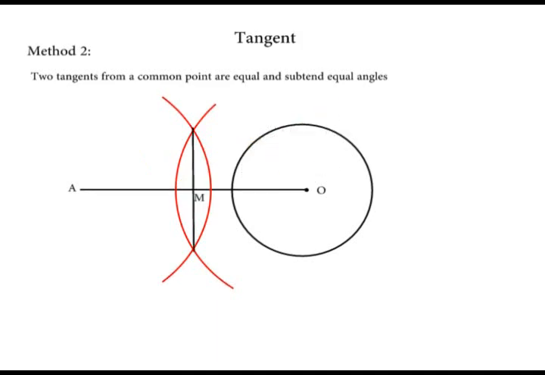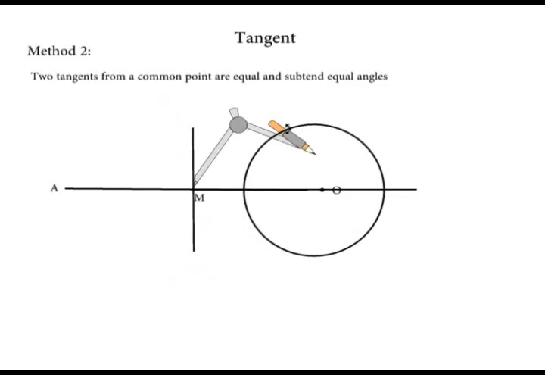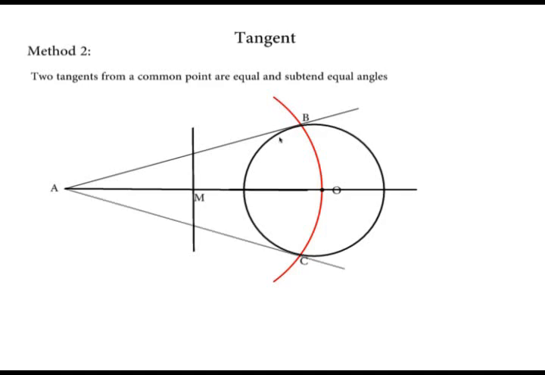Mark this point M. Now with M as the center and MO as radius, mark two arcs on the circumference of the circle, B and C. Draw the lines AB and AC. AB and AC are equal and are tangents to the circle.